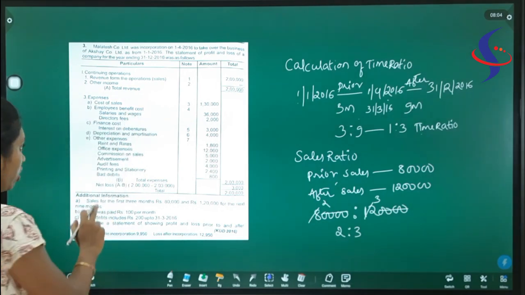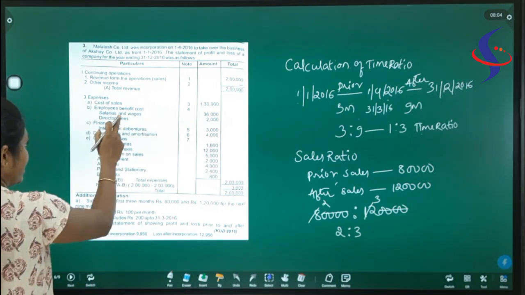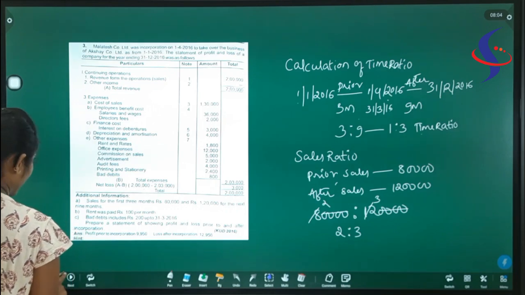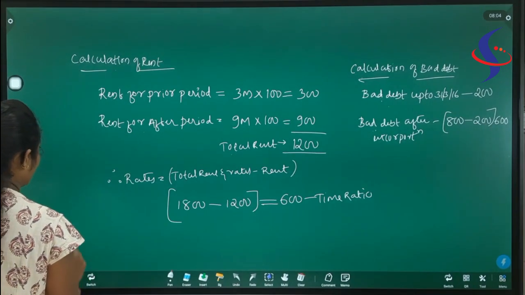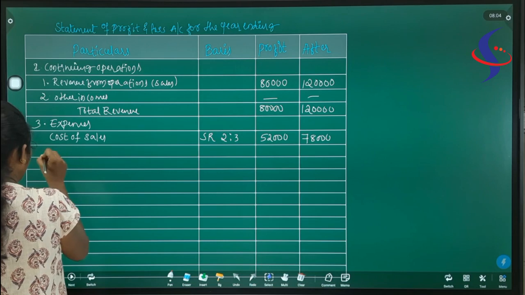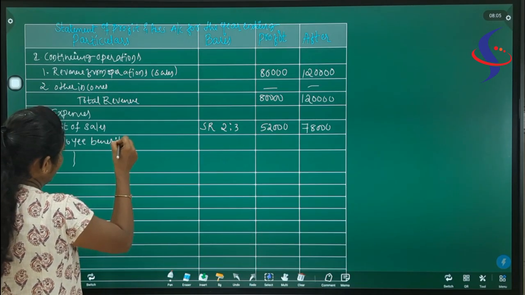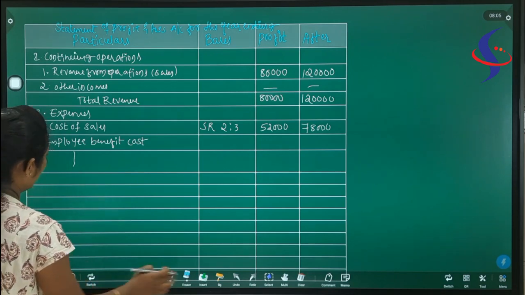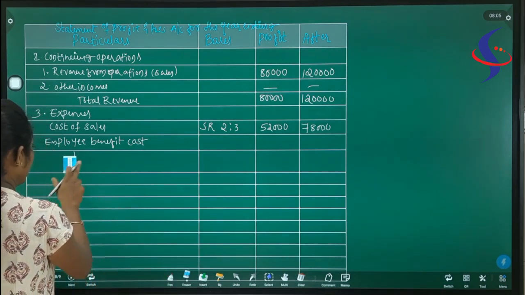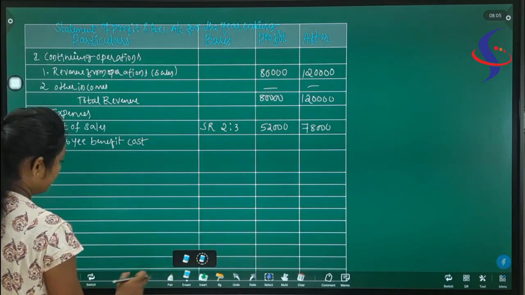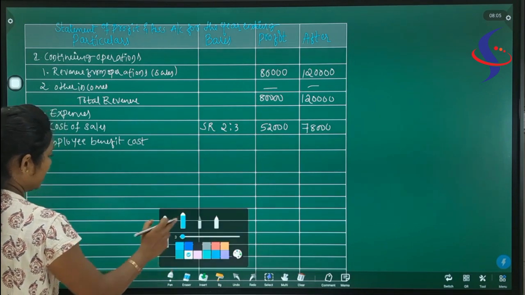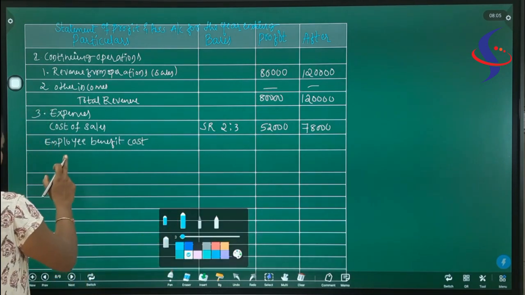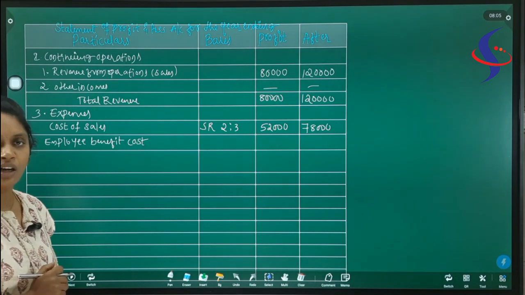And next, employee benefit cost. The heading is employee benefit cost. In that there are two things, salaries and wages and director fees. What do you mean by employee benefit cost? A cost which is beneficial for employees and an expenditure for the company.